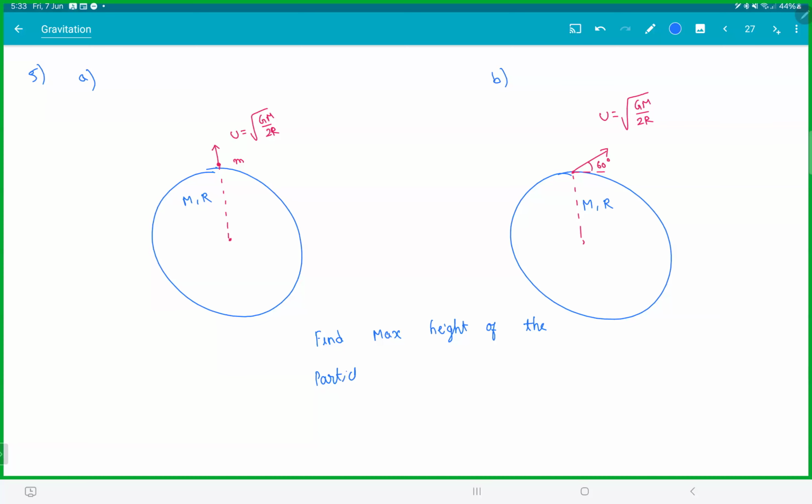Be careful, you can't use u square by 2g. Gravity is not constant. Let's get this. It's a good one.